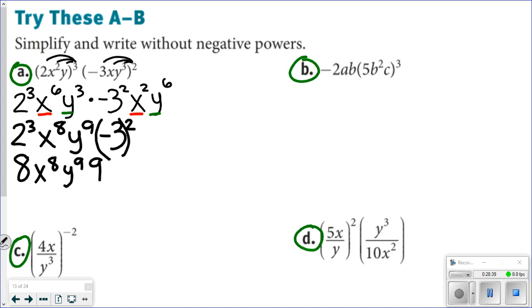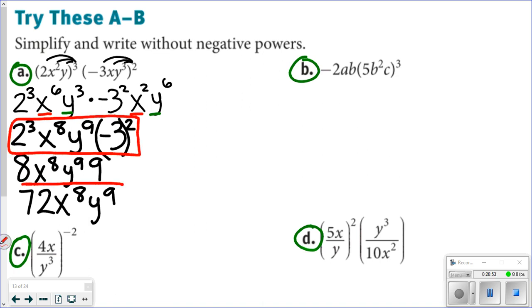And then 8 times 9 is 72. So I will take this answer with or without the parentheses, or this answer. Either one is totally acceptable because we haven't been writing out all of the numbers. We've just been leaving them.